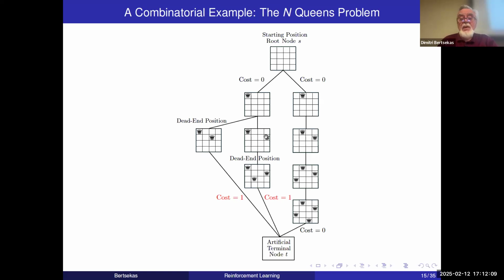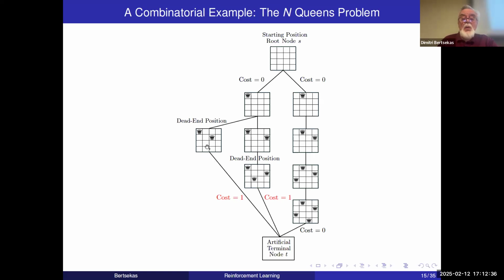Then from here, we get these 2. From here, there's only 1 possibility for placing a queen in the second row, which is this one. If we place it here, here, or here, they attack each other, so that's not feasible. So from each one of those states at stage 2, we consider the successor states.